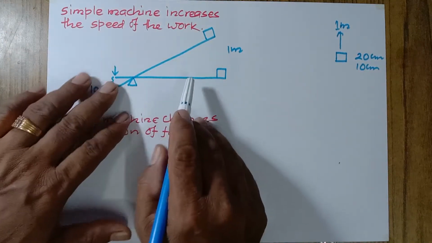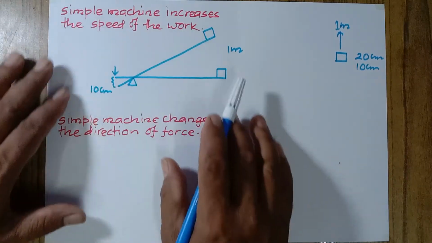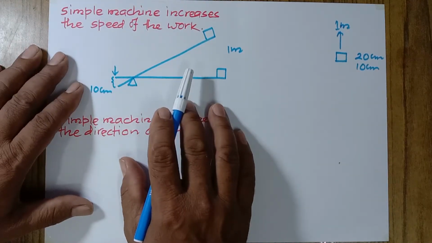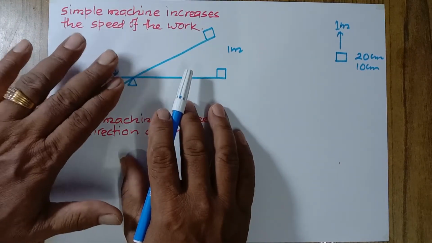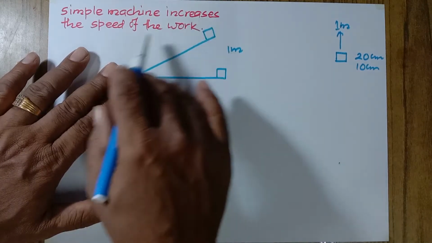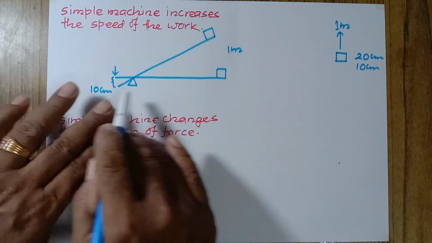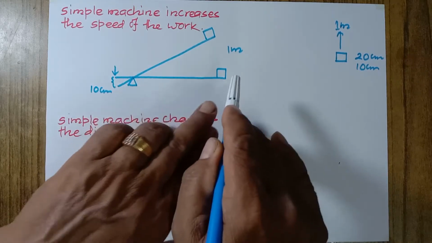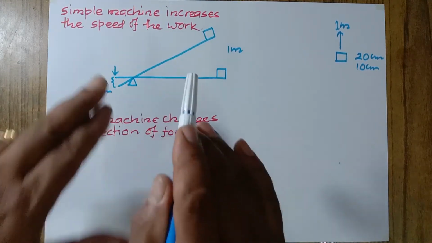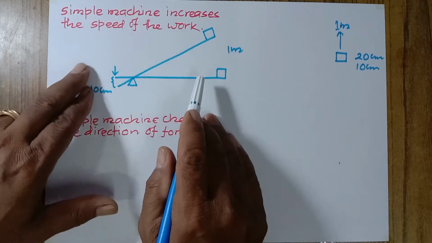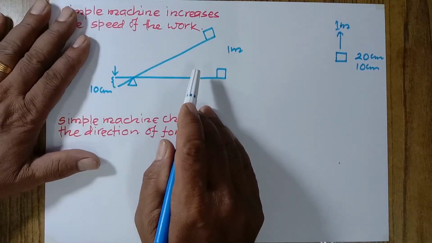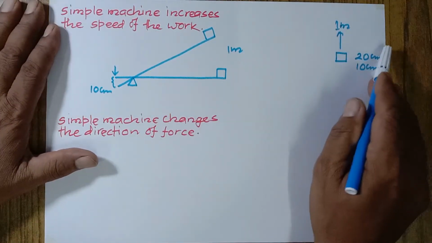This happens not only in a lever, but in every simple machine. If the effort distance is less and the load distance is more, then that simple machine is said to be increasing the speed of the work, and it is not possible with bare hands.